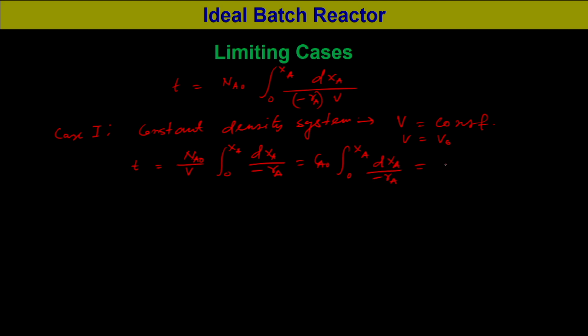We can also write it as minus integral CA0 to CA dCA by minus rA.